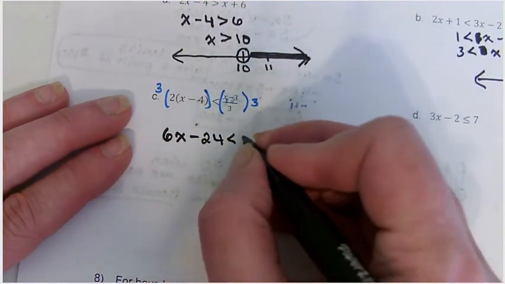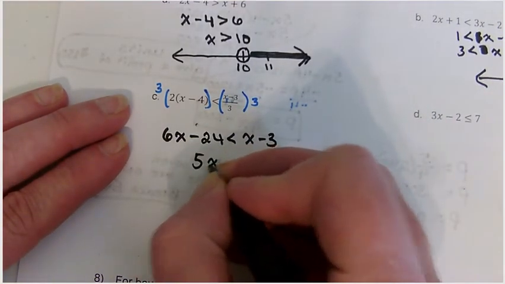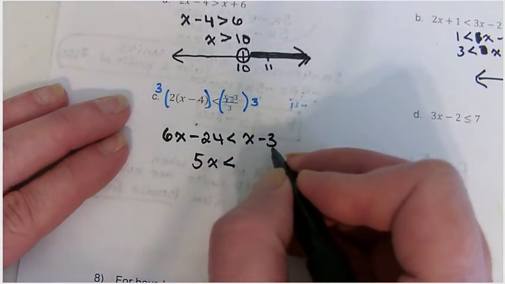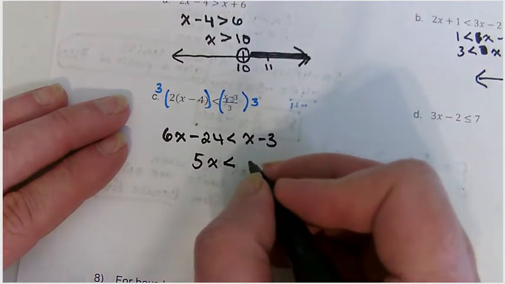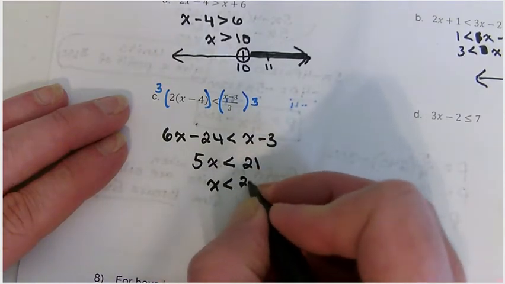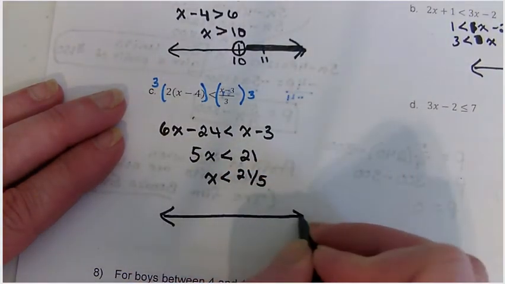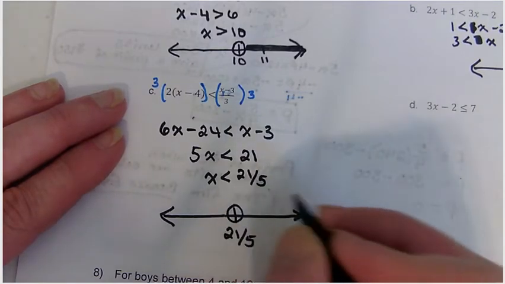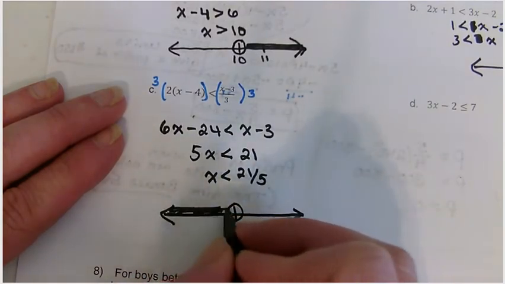Over here, the 3's would cancel and end up with 5x is less than, I would add the 24, which would make that a 21. X is less than 21/5. You could put the decimal version, that'd be fine, but not necessary. Not equal to, so it's an open circle, and we're going to the left.